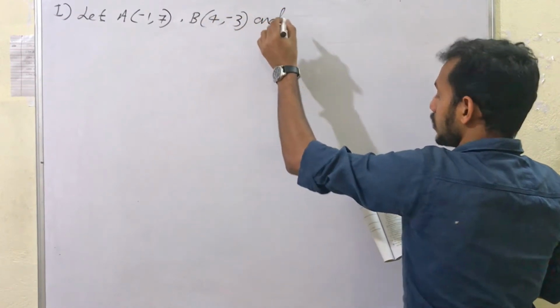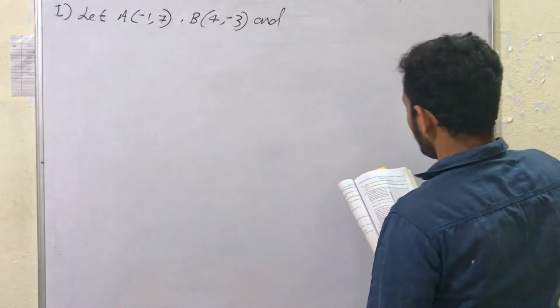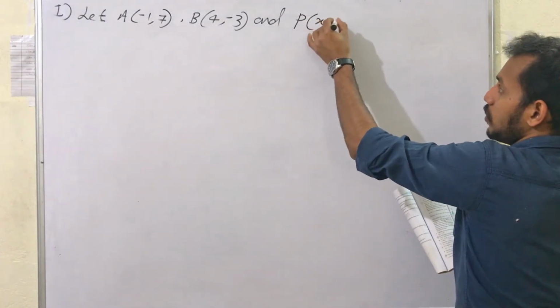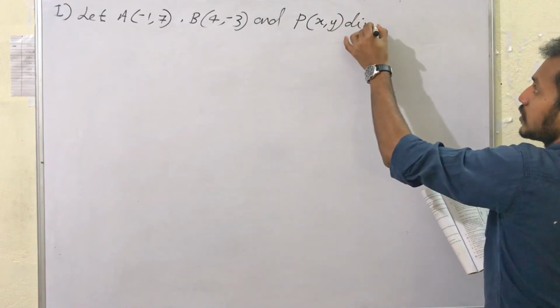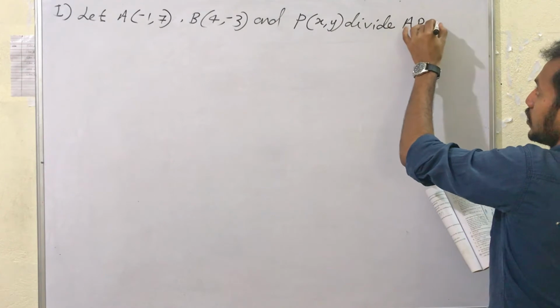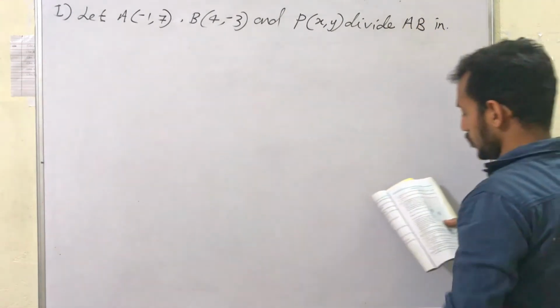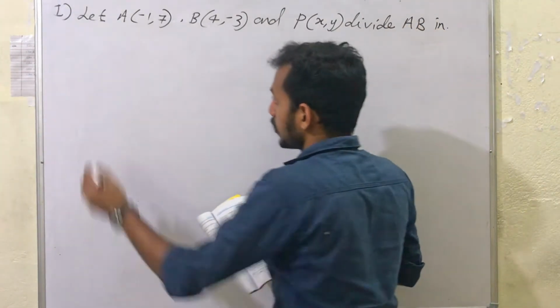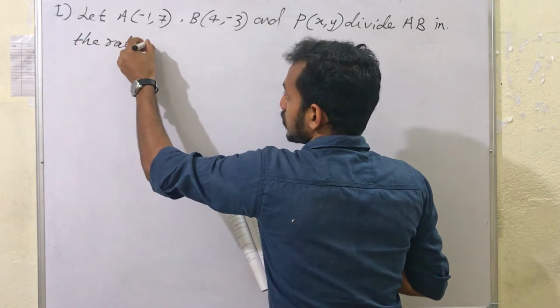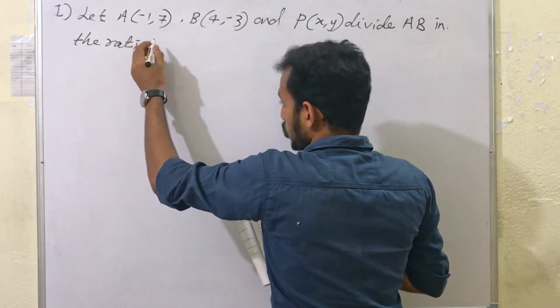P, we don't know the point, so we just put x comma y, divides AB in the ratio 2:3.